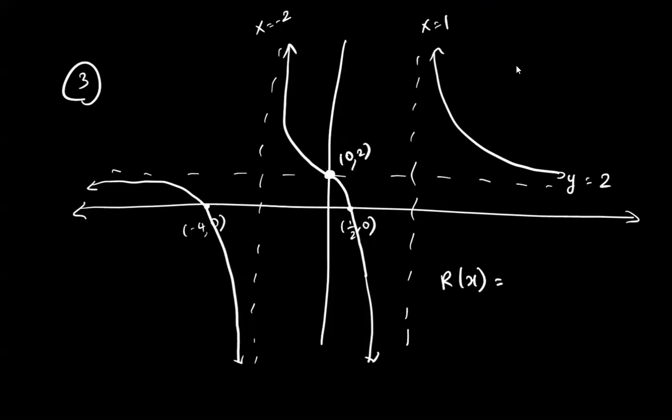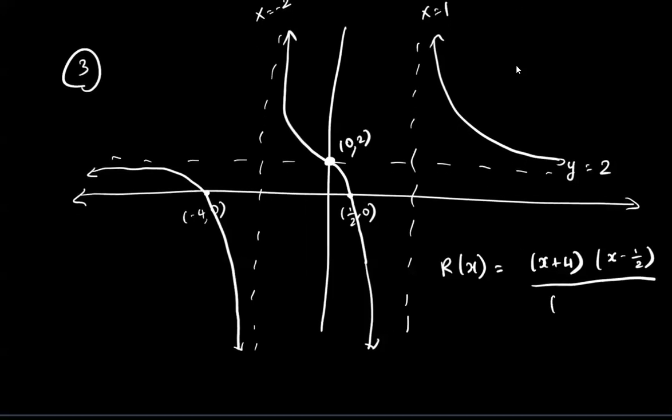I know that there is an x-intercept of negative 4. So immediately I put x plus 4 as a factor in the numerator. Another one was 1/2. That means x minus half is a factor, okay? Where are my asymptotes? My asymptotes are at negative 2 and 1. That means x plus 2 and x minus 1, okay?